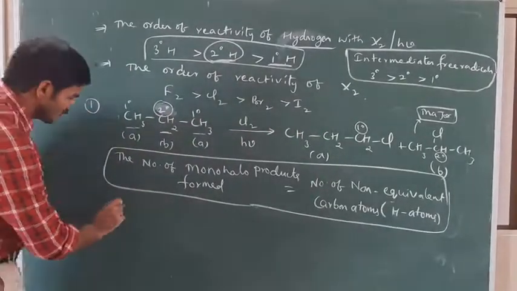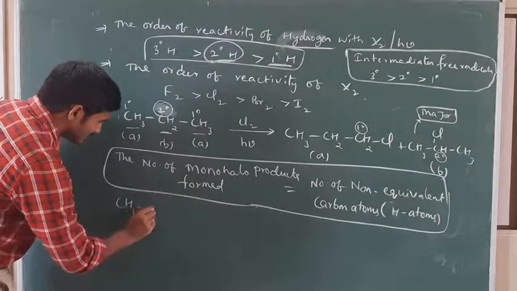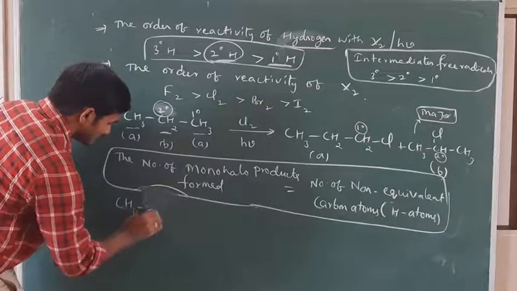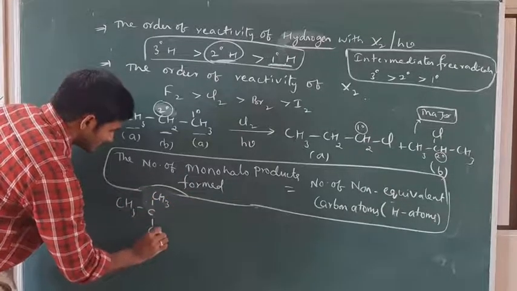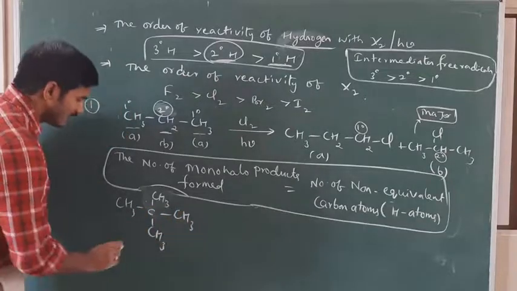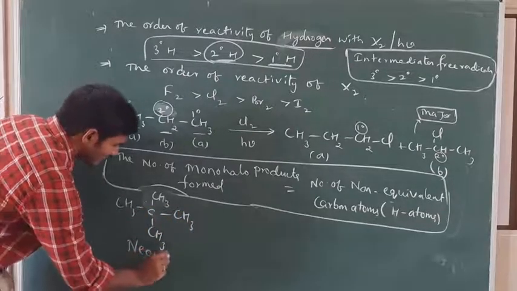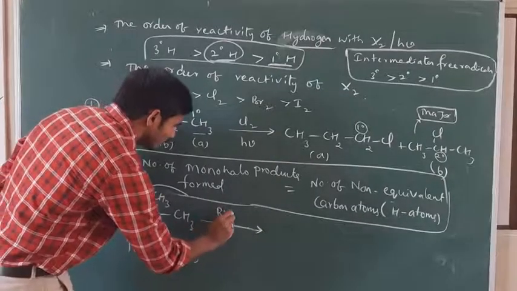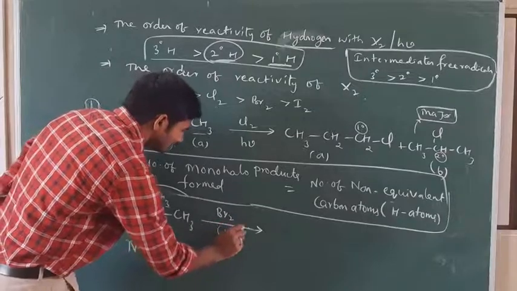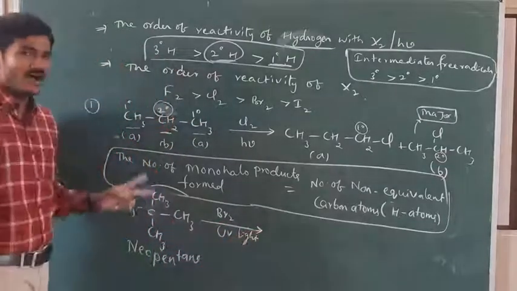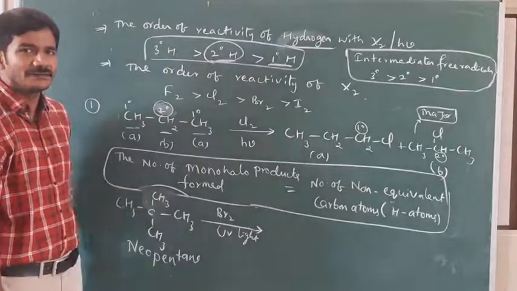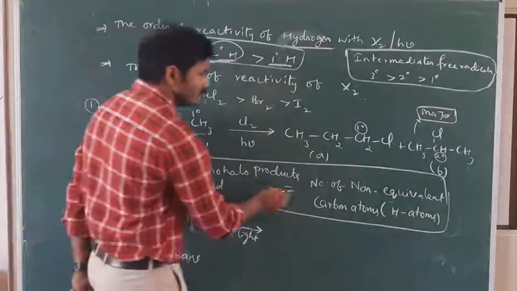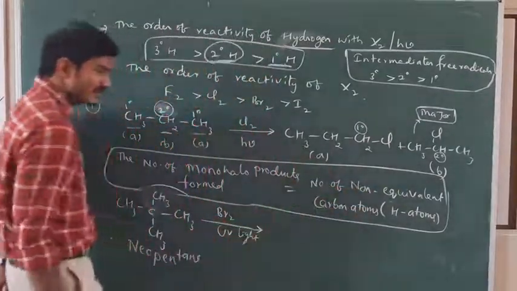Another example I made here: CH3, C, CH3, CH3, CH3. The name of this molecule is neopentane, and its reaction with bromine. Now, how many products do we get? The number of monohalo products formed is equal to the number of non-equivalent carbon atoms or hydrogen atoms.